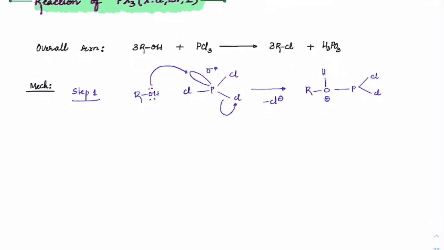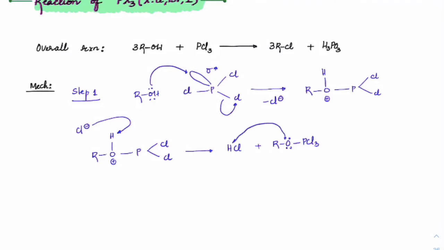Now, one usual step where we make a mistake, first I'll write that, and in this mechanism don't do this. We see that Cl minus is completely isolated in the solution, so we might think it acts like a base and tries to extract that H, forming HCl plus ROPCl2. Then the lone pair on oxygen can attack back on H plus and the reaction will go back.